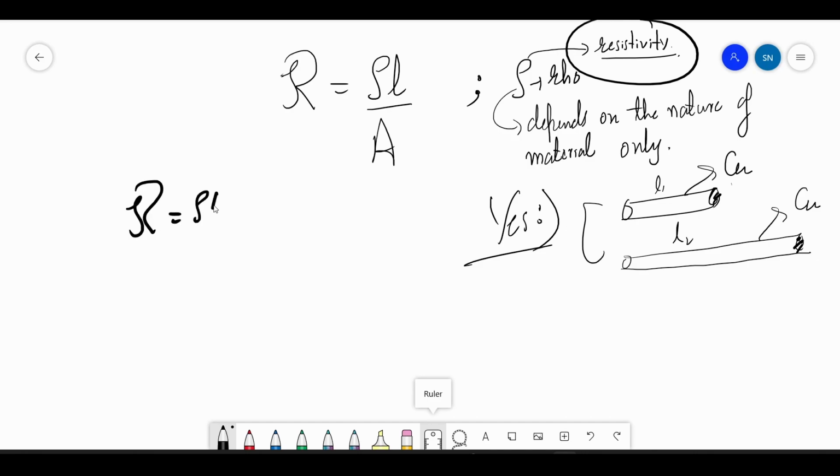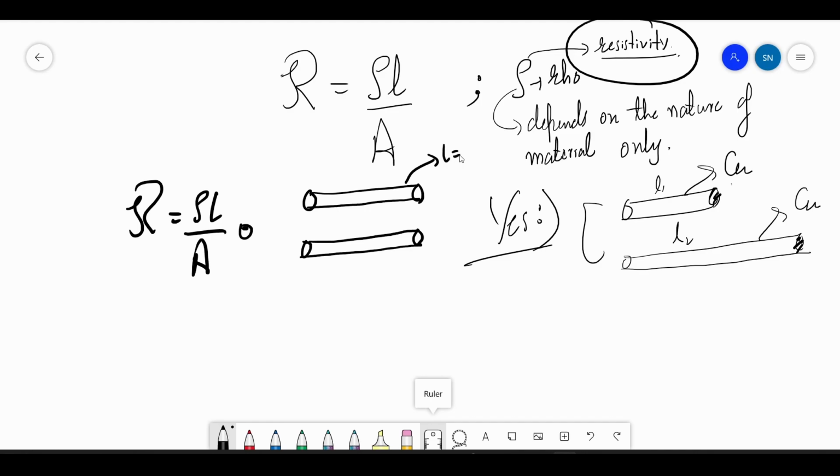So R is rho L upon A. I told you that resistance only depends on the length, the area of cross section, and the nature of the material. Say for example, this wire has a length of 1 meter, and this wire also has a length of 1 meter.